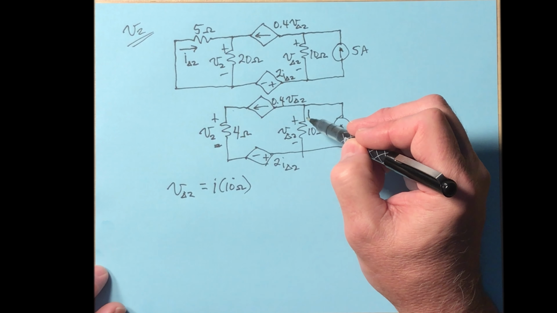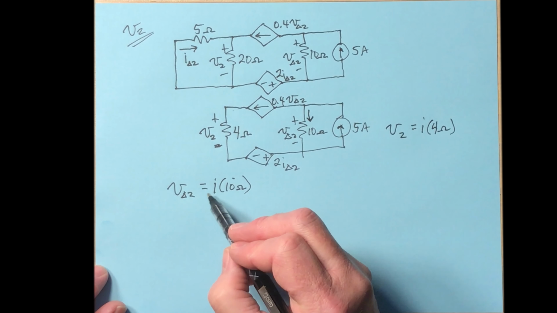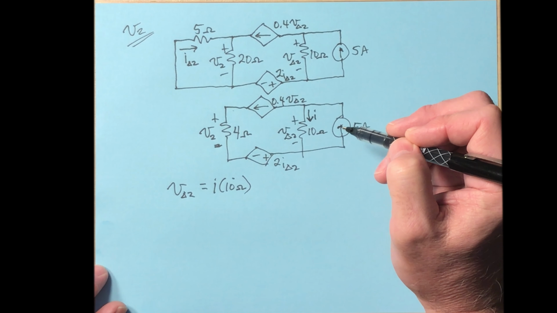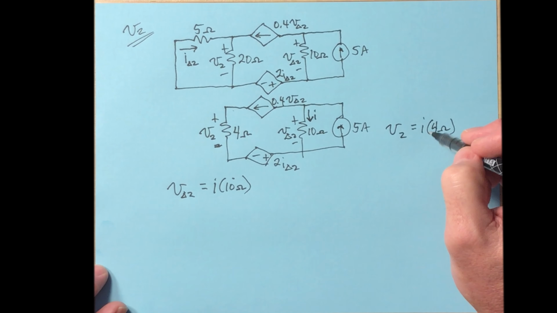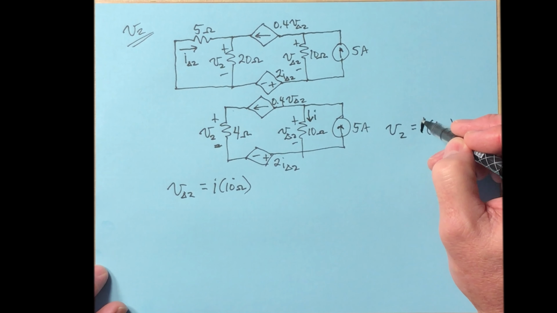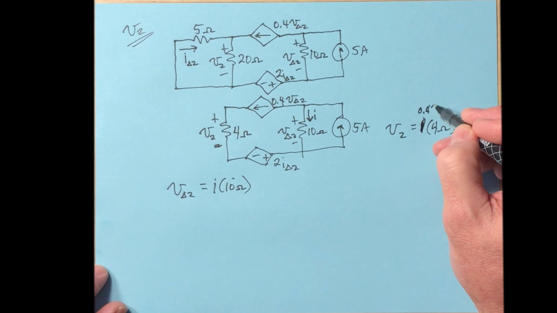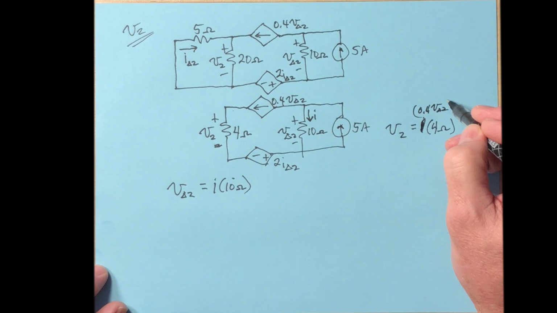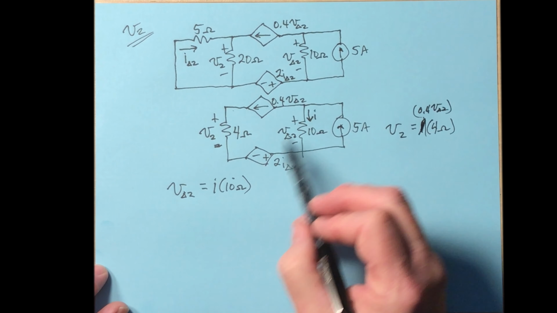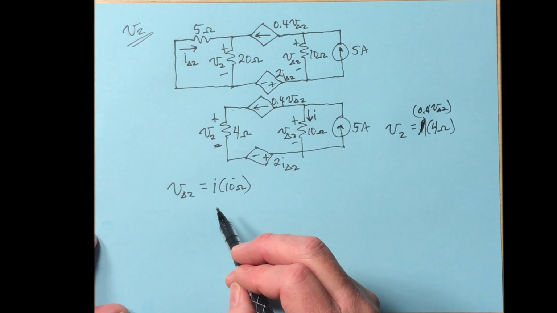And when we assume a direction, if it goes into the positive terminal, then we can write it this way. Let's just call that I there. That I is not this I though. So this I is 0.4 V delta 2. That's what goes there. That I is this I.